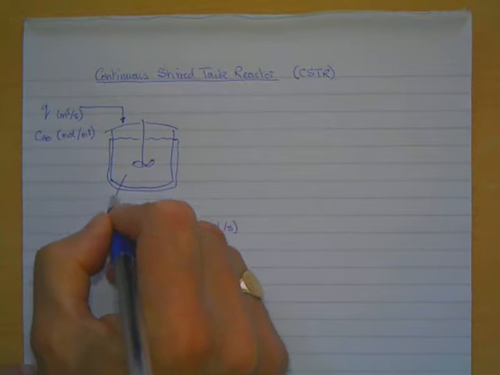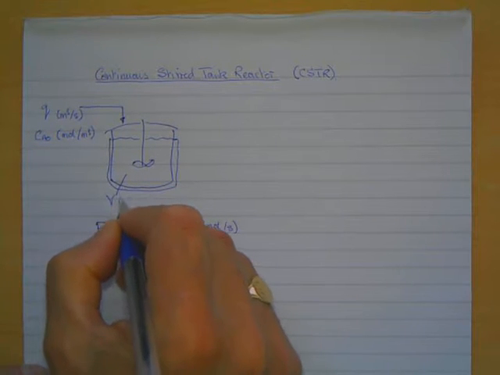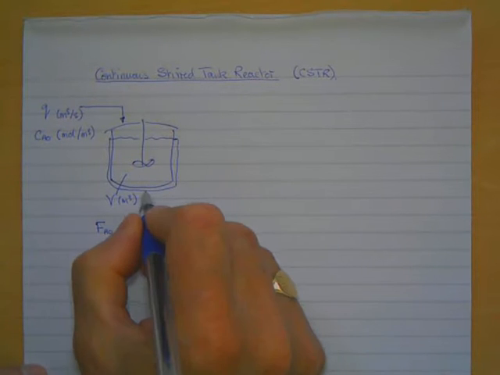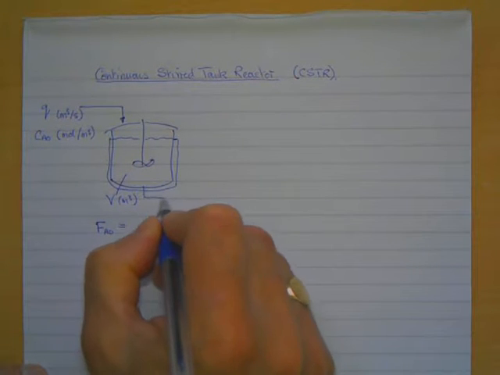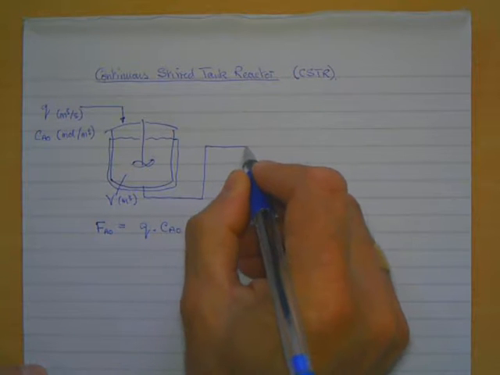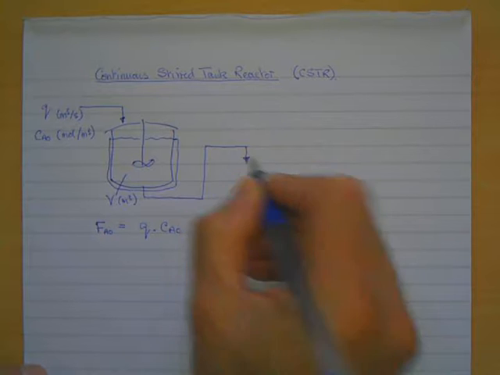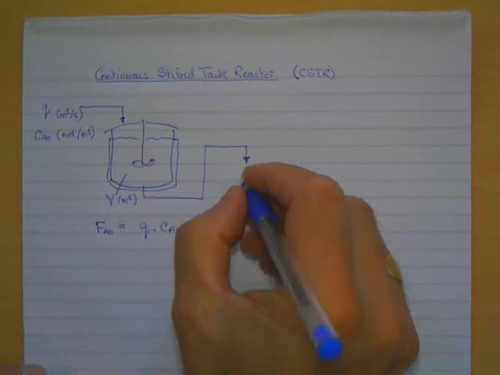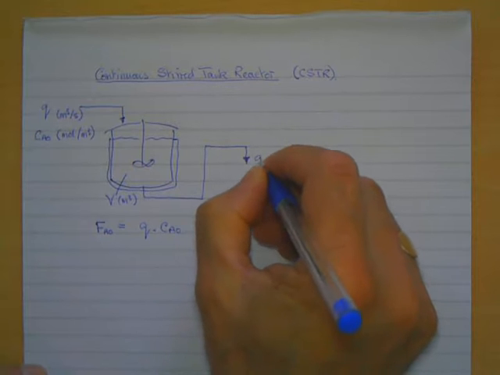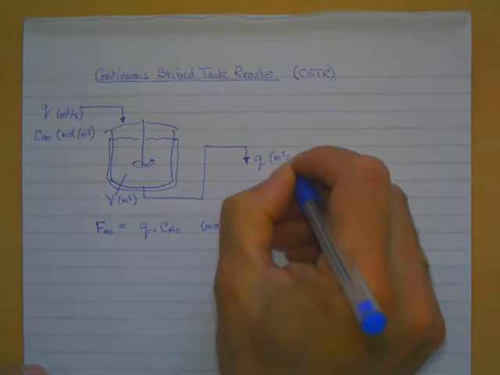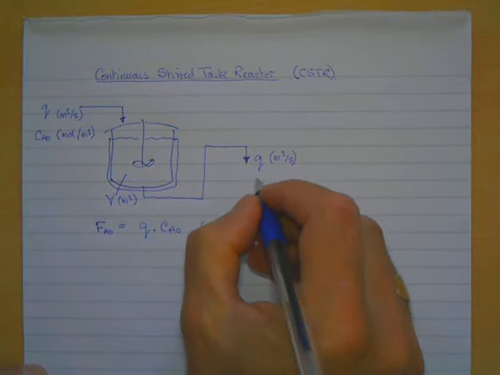Okay, we're going to say that our reactor has a volume of V cubic meters, and then there's an output stream. So usually the output stream is arranged to give a constant volume inside the reactor, which we'll come on to in a moment, but that we're going to say also has a flow rate of Q meters cubed per second.